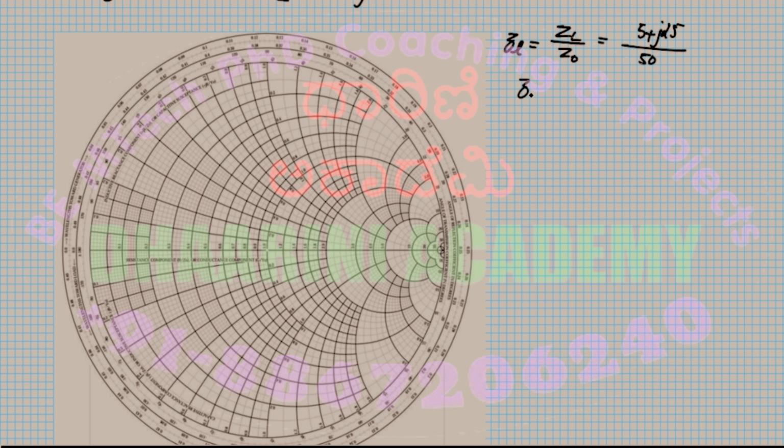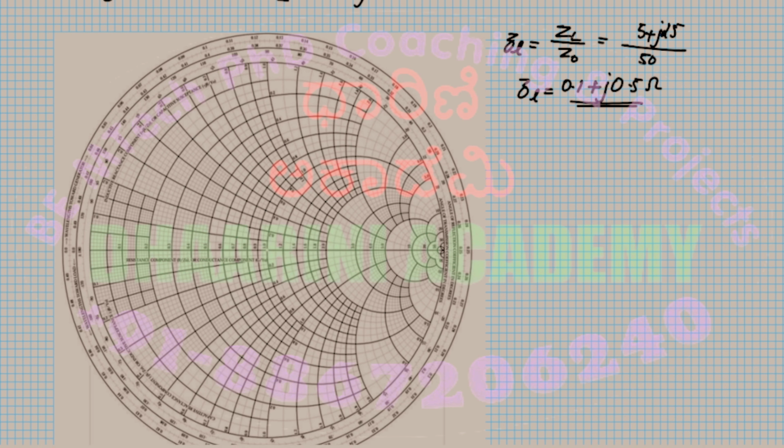To calculate the normalized value, 5 by 50 is 0.1, plus 25 by 50, which is 0.5. This is the normalized impedance. So always we solve with the help of the normalized impedance only. So the first step is to calculate the normalized impedance. Once you find that, you need to mark it on the given Smith chart.